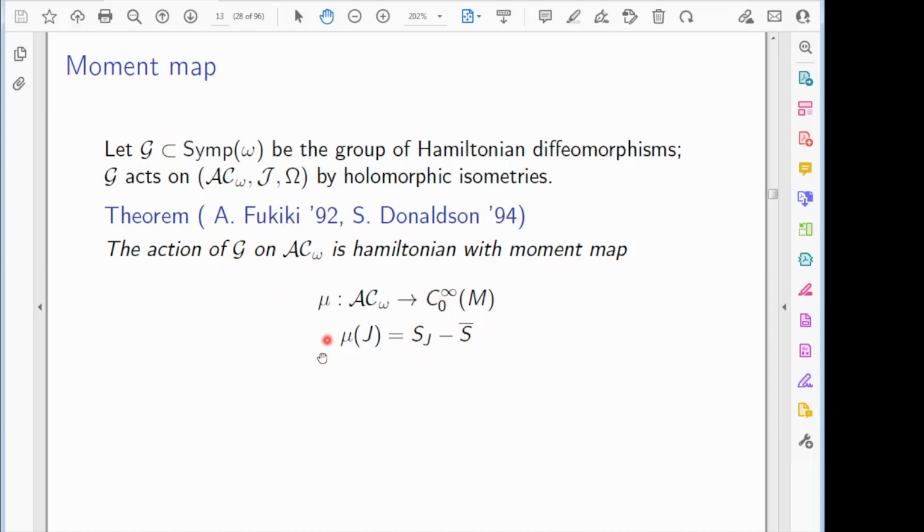This doesn't extend to the larger symplectic group, so you need to restrict to the Hamiltonian transformations.